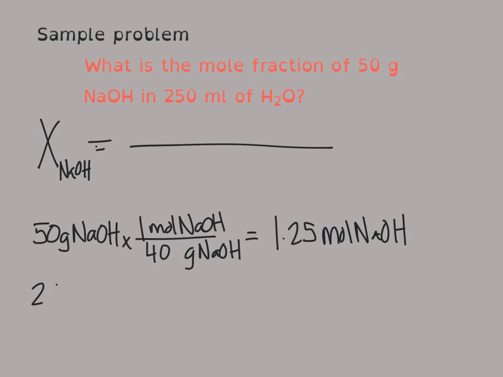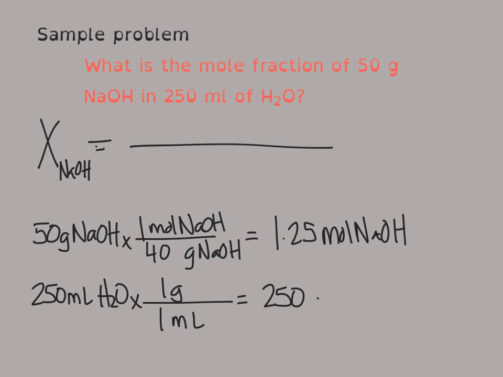We need to take our 250 milliliters of water, and we need to remember that water has a density of 1 gram per 1 milliliter. So we will know that 250 milliliters of water is also 250 grams of water. Then we need to convert that into moles.